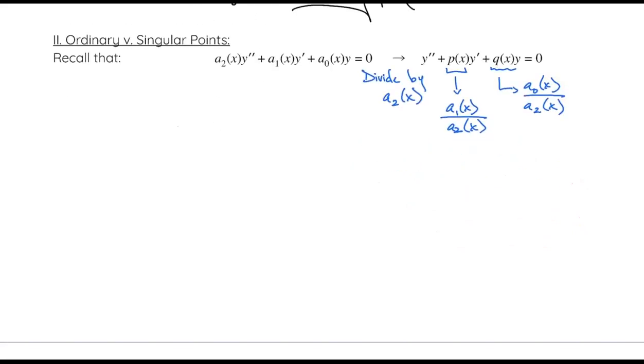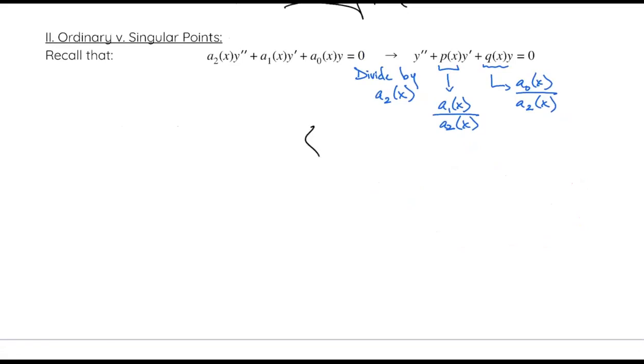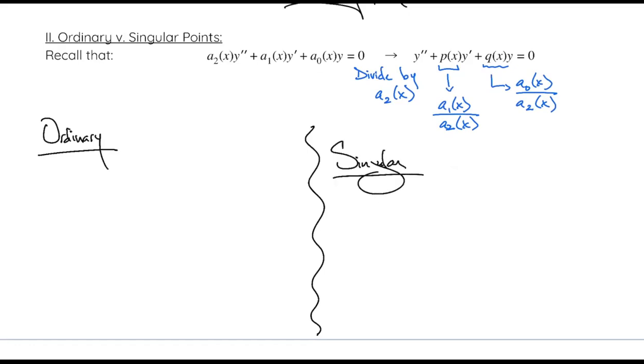All right. So let's see if I hide this space. All right. We'll write ordinary on this side and singular on this side. Okay, so we have our ordinary and we have our singular. What we're going to do is define what it means to be ordinary.